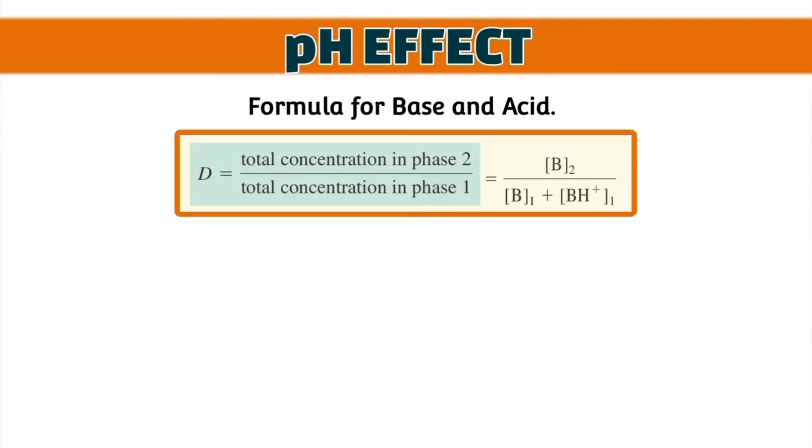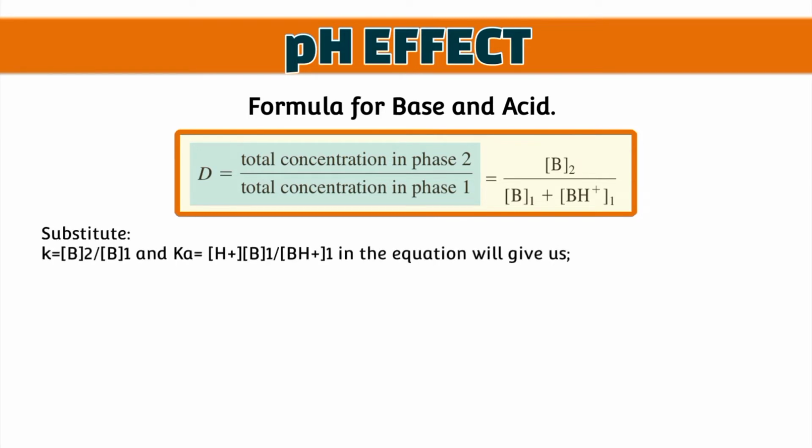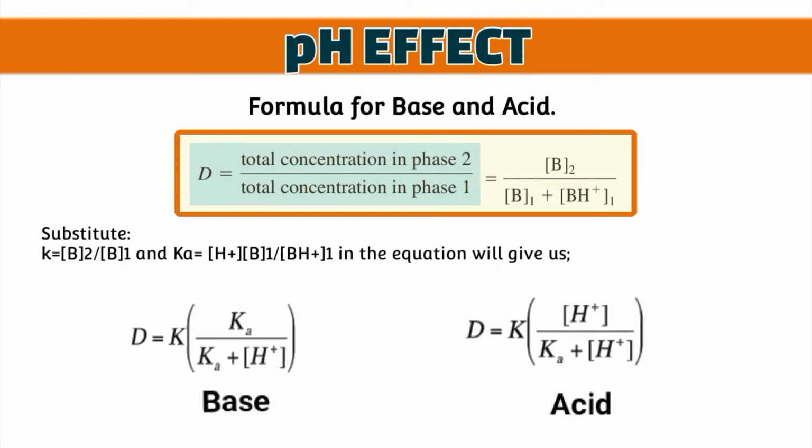However, that is not the final formula because we need to find the formula for the base and for the acid since these two are different. To get the formula for the distribution of base and acid solute, we need to substitute these different variables. That will give us the formula for the distribution of base into two phases and the formula for the distribution of acid into two phases.